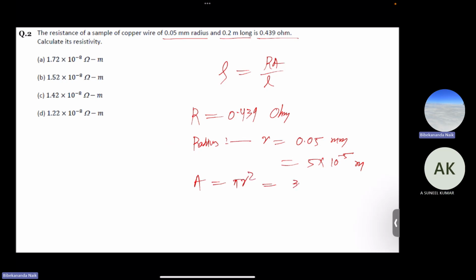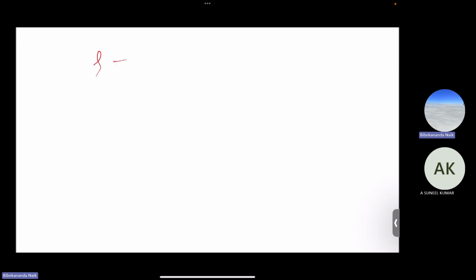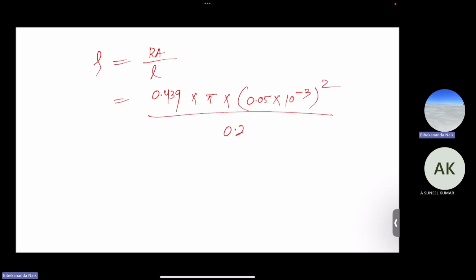It is 3.142 into 5 into 10 to the power minus 5 squared. Then the length is also given: length is 0.2 meters. So if you calculate, rho will be RA by L, that is 0.439 into pi into 0.05 into 10 to the power minus 3 divided by 0.2.